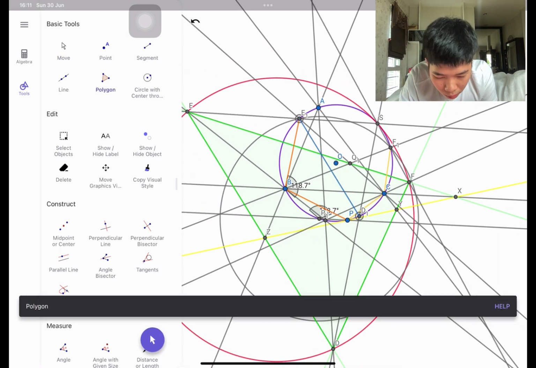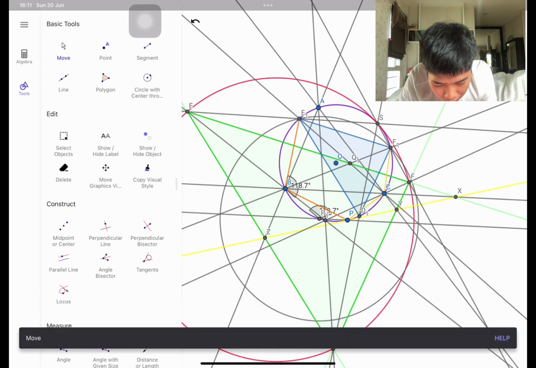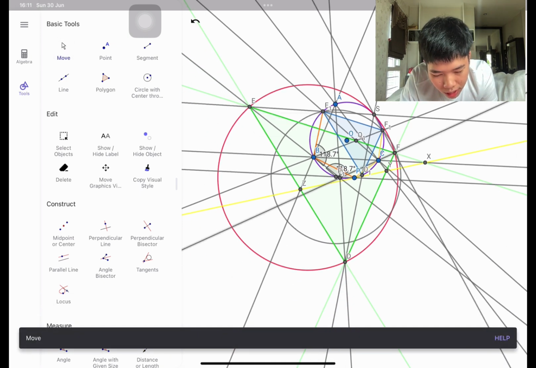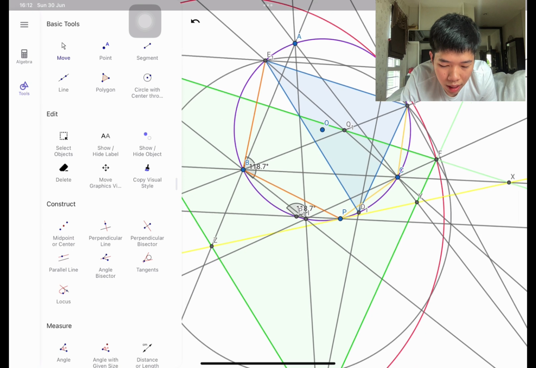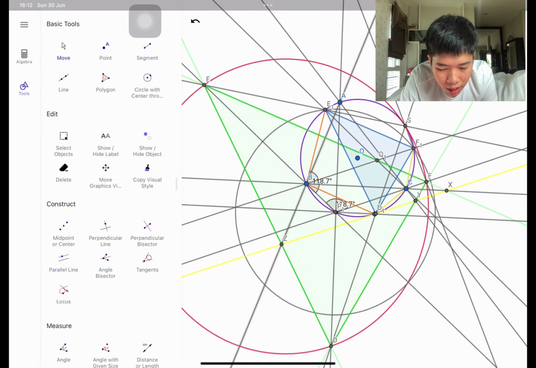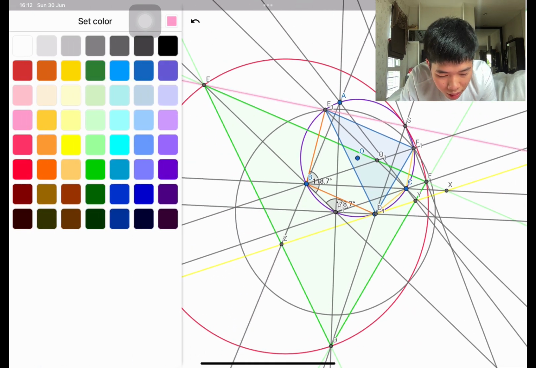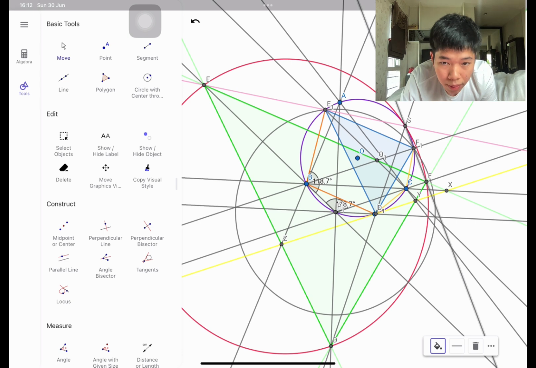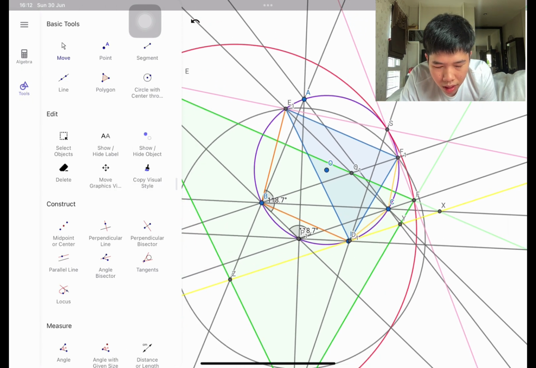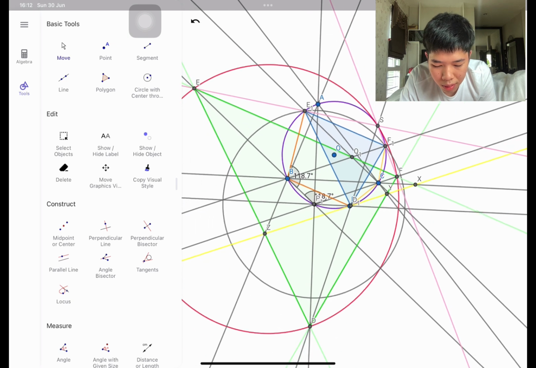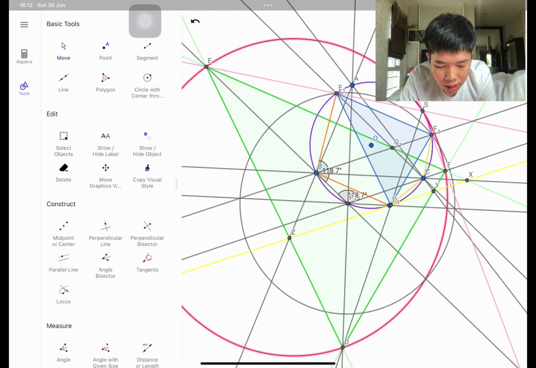Now, we have gotten ourselves this funny small triangle, which is almost identical to the big green triangle, except it's smaller. And what we need here is to show that EE1 and FF1 intersect on the purple circle. They intersect on the circumcircle of ABC, right?